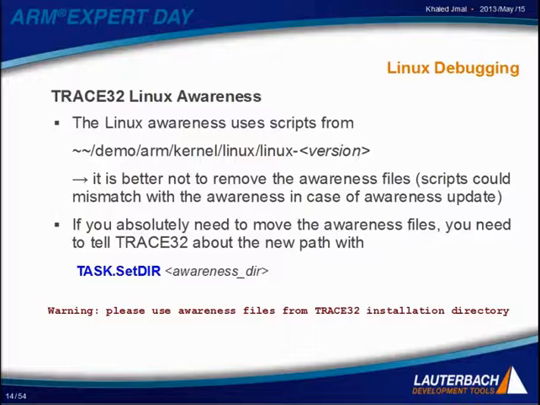If you absolutely need to move the files, you need to tell the awareness about the new directory with the task.setdir command. If you don't do this and load the awareness from a different directory, you will get a warning.